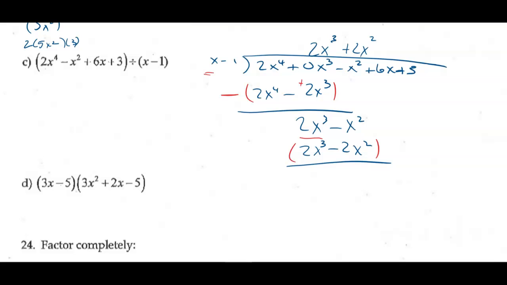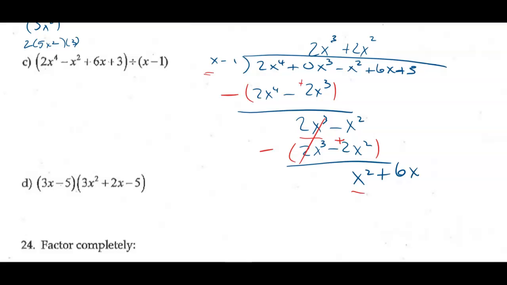Don't forget you are subtracting. That cancels. Negative x squared minus a negative becomes a plus. So I have a plus 2 and a minus 1, which gives me just x squared. Bring down the next term.